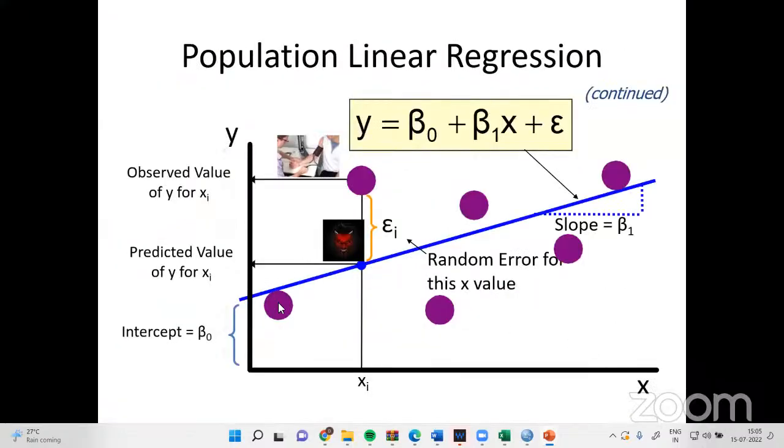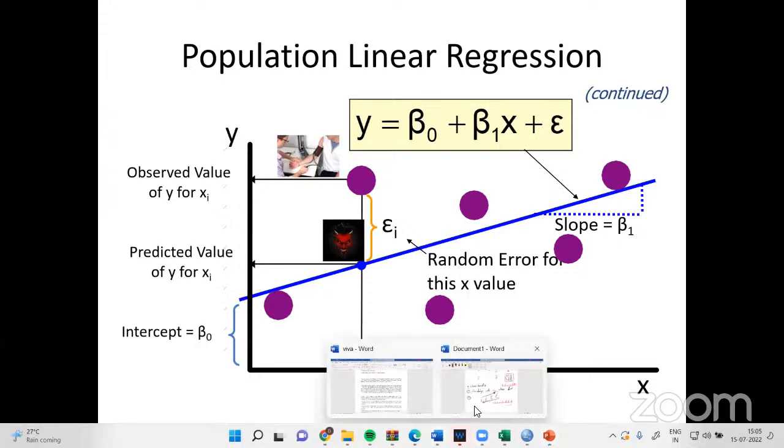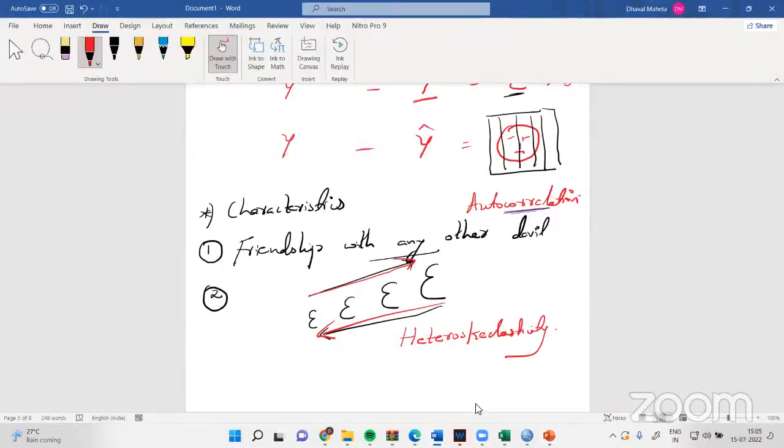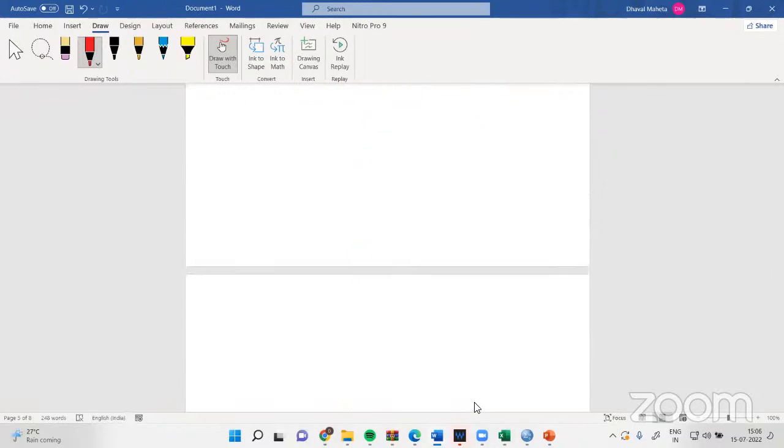See this. These are the original raw data which we got according to the sphygmomanometer, and we are passing the blue line. What is the full form of blue? Anybody?